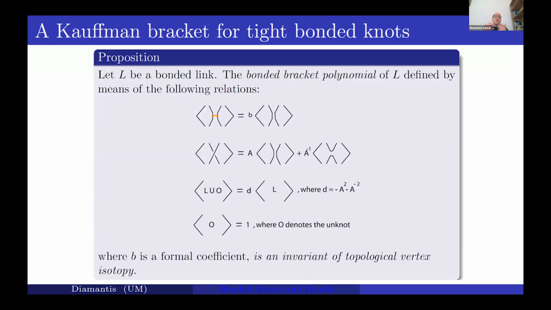And now you can go and define any invariant that you like by using any method that you like. For example, in this particular case, I show you a very naive generalization of what we call the bracket polynomial, where if you exclude the first rule that you see here, the three rules are the rules that are used for the classical Kauffman bracket polynomial for knots and links in R3.